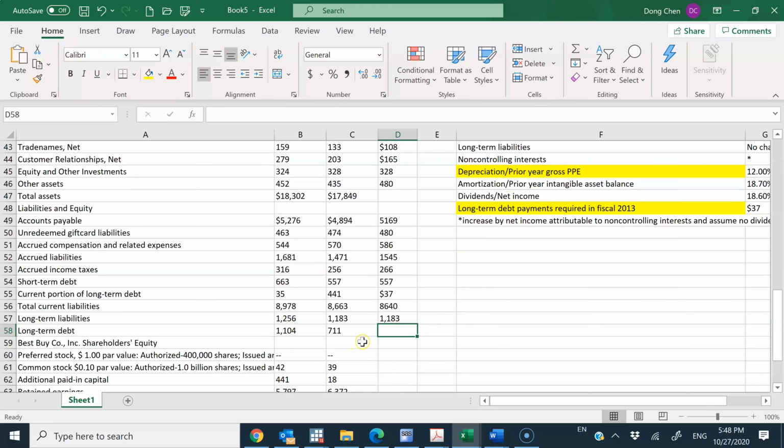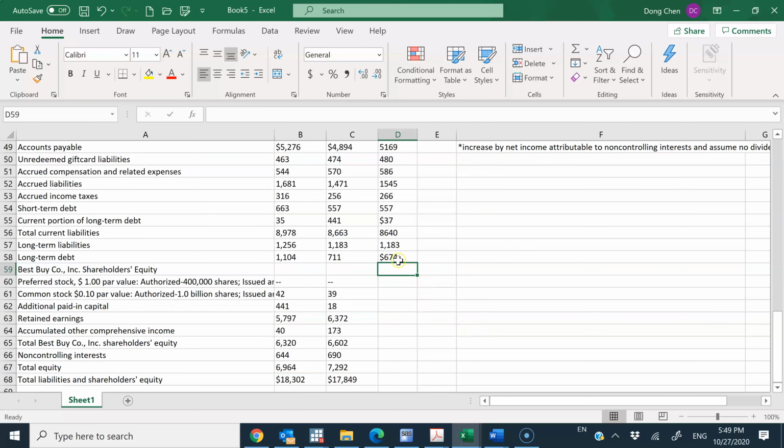Basically, by next period, its current portion, which is actually this 37 here, will be put into the current portion of the long-term debt. So the long-term debt will further decrease by this current portion for the next period. So the new long-term debt will be the current long-term debt minus the current portion of the long-term debt for the next period. So this is the new level.